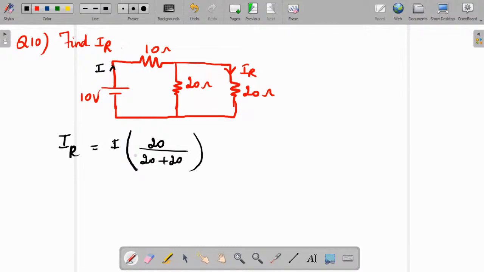So first we need to find the source current I. So how to find I? What is the equivalent resistance as seen from the source? So R equivalent is this 10 ohm resistor in series with the parallel combination of 20 ohm resistors.